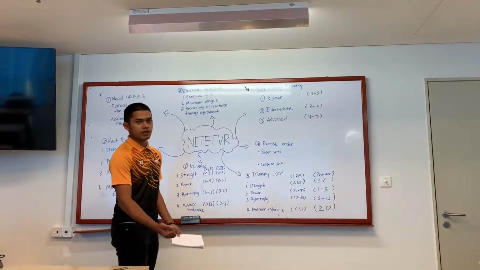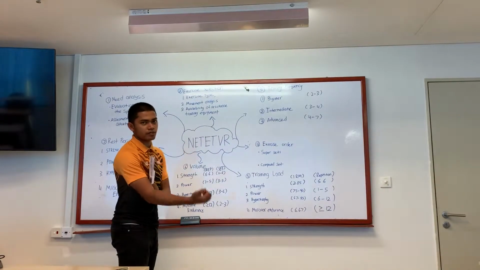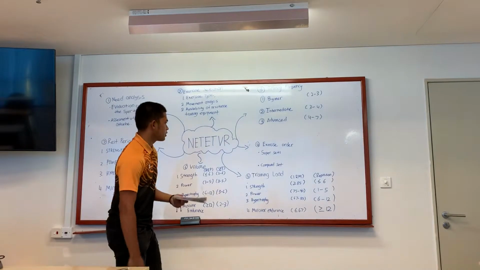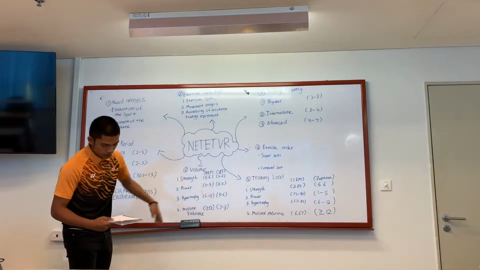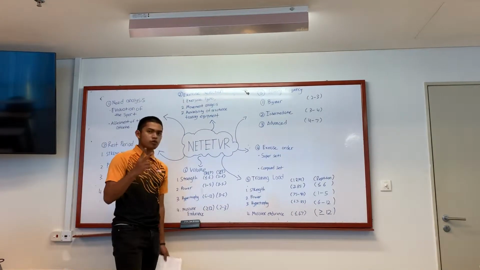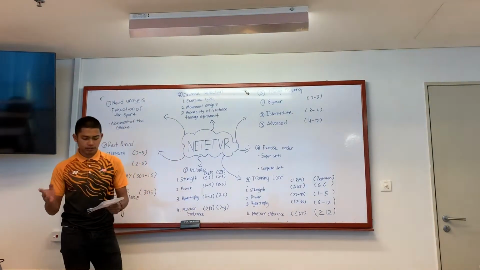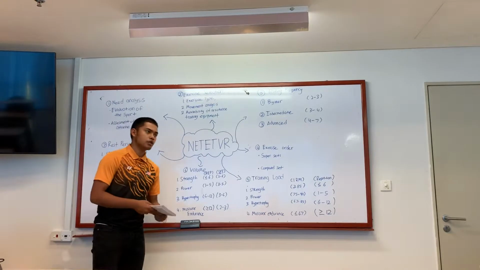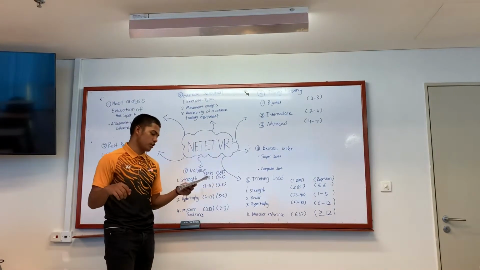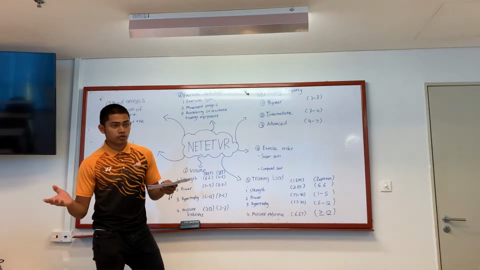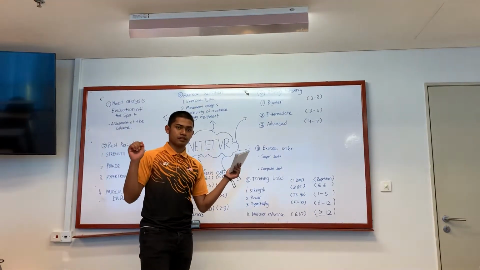It means like we do bicep curl that involves bicep and tricep, agonist and antagonist muscle. Next is compound set. Compound set is sequentially performing 2 different exercises for the same muscle group. For example, we do 10 reps of bench press, and then we do 10 reps of incline press.